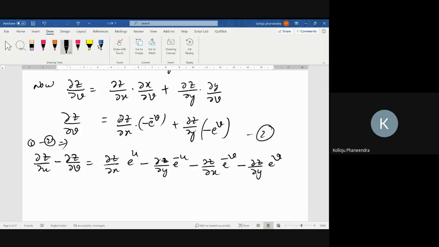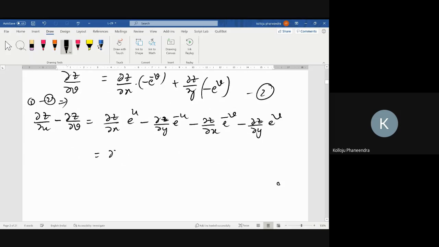Now take the terms common. ∂z/∂x is common: this is e to the power u and this is minus e to the power of minus v. Plus ∂z/∂y common, take minus common: this is e to the power of minus u plus e to the power of v.